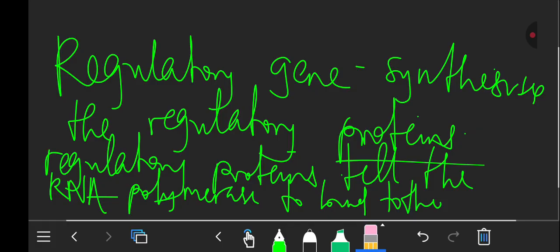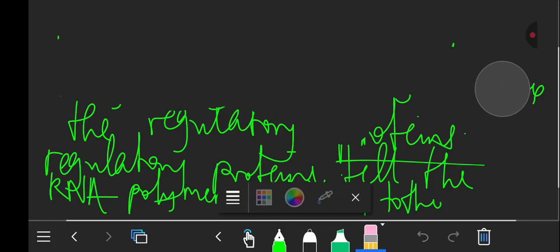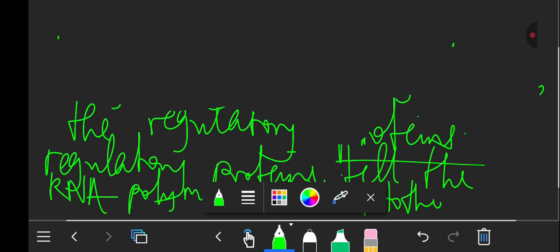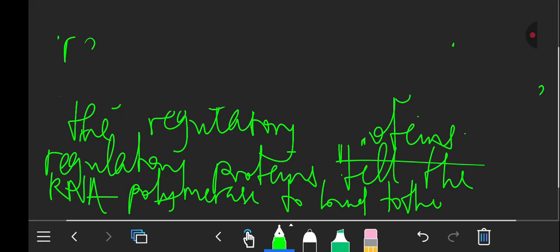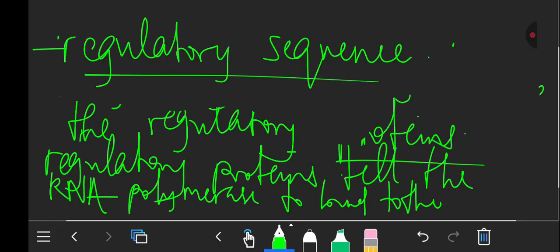The regulatory protein, which is produced from the regulatory gene, is able to tell the RNA polymerase to bind to the regulatory sequence. So that is the importance of the regulatory protein. The regulatory gene produces the regulatory protein.